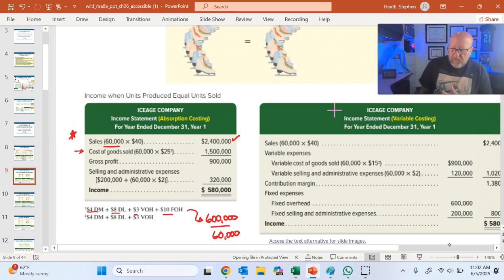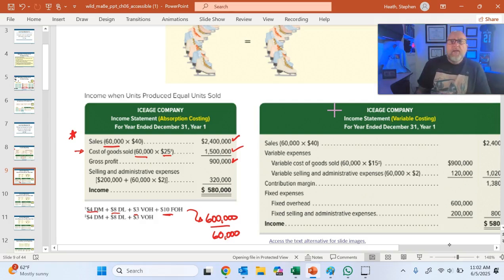So 600,000 divided by 60,000 is $10 per unit. So if I add all of those up, I've got $25 per unit, which times the 60,000 that we sell, I get cost of goods sold of 1,500,000. I now have gross profit of 900,000.